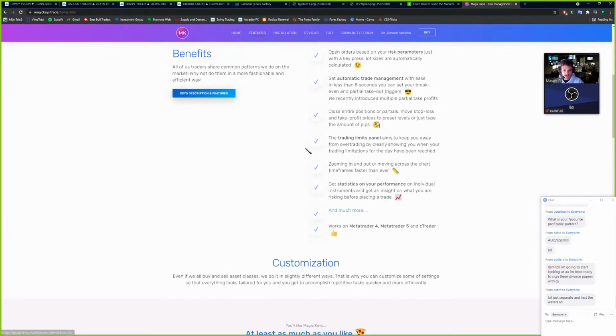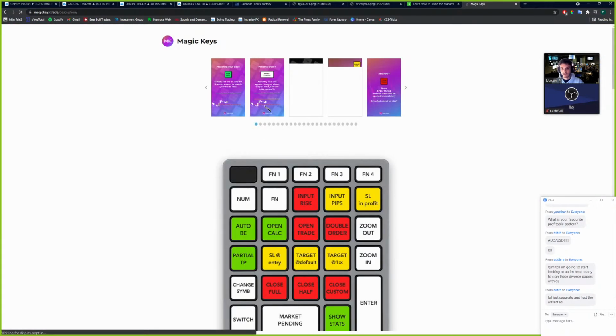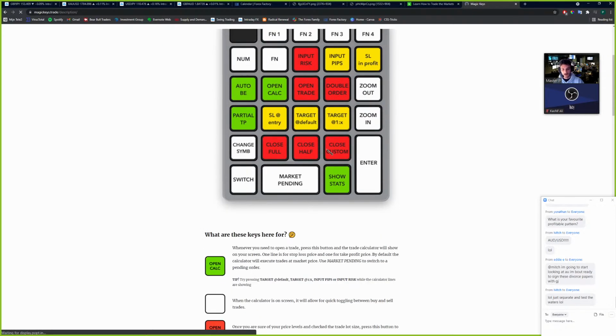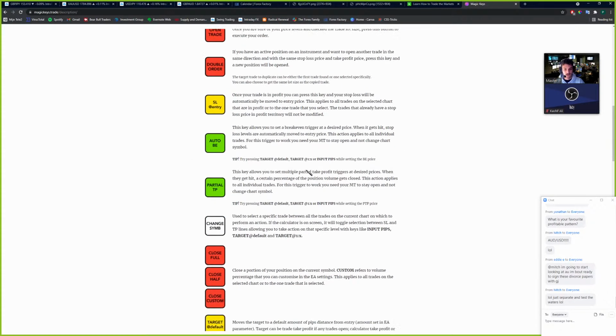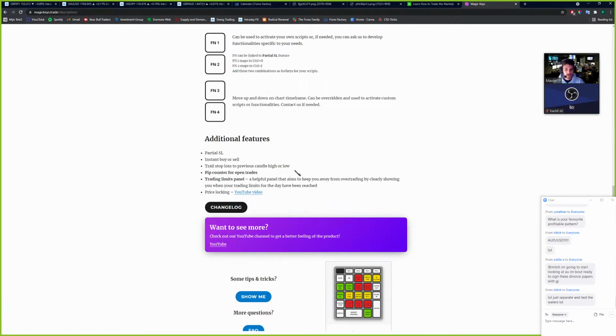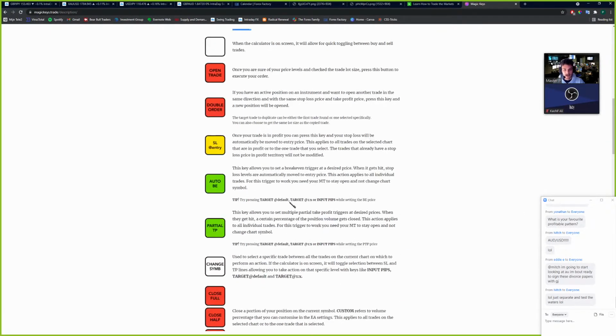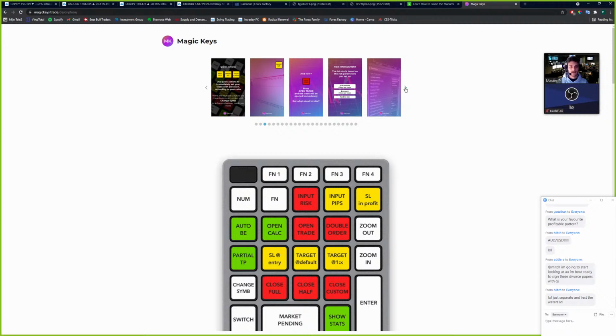Actually, features, and then keys description and features. Right here is a pretty good explanation on how to use magic keys. You've got what all the buttons do and things like that. So I think you can check out how to use it over here and how it works.